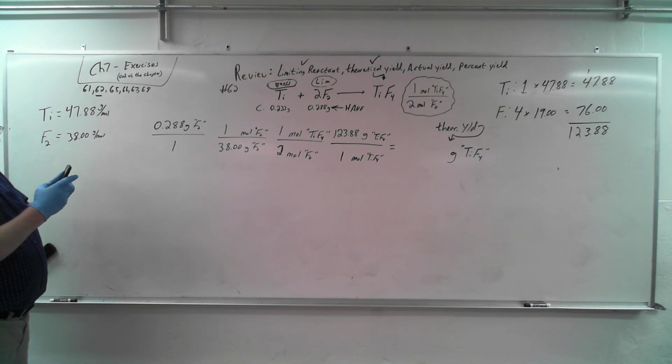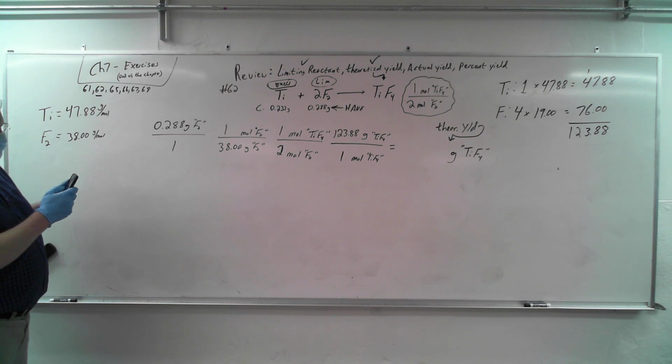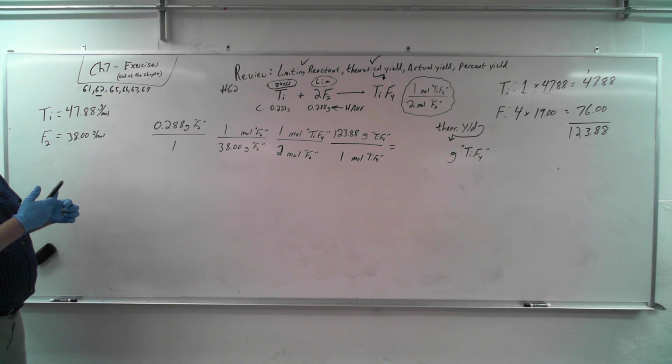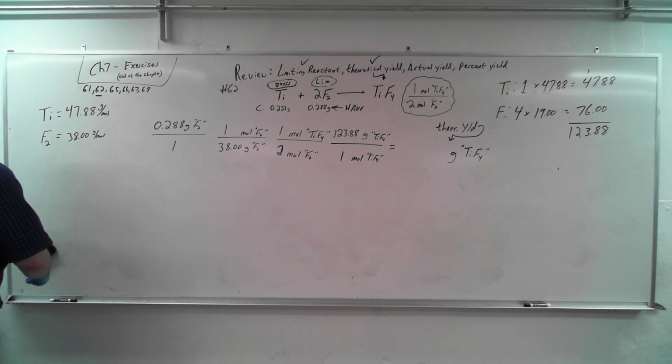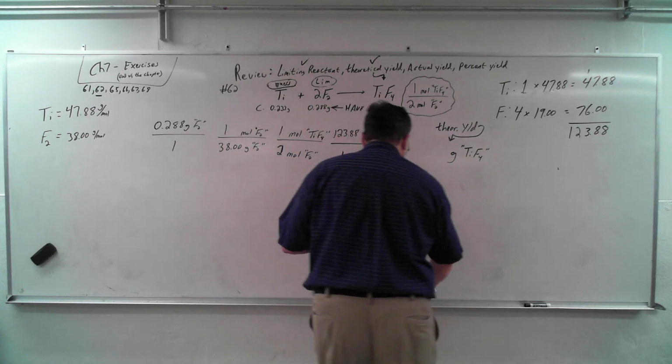Okay, 1288 times 123.88 divided by 38 divided by 2. We need 3 significant figures. 0.469.